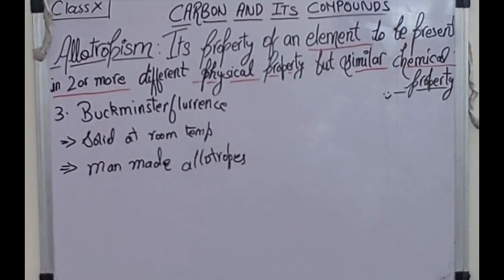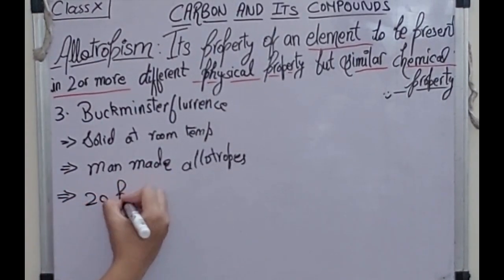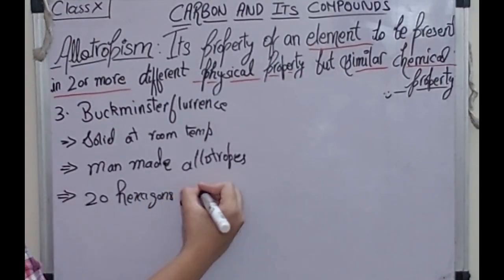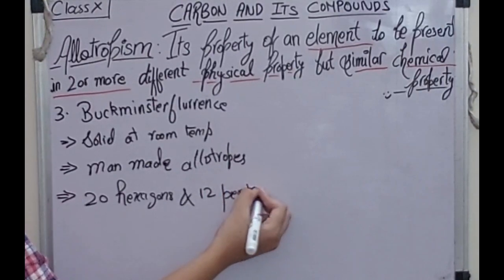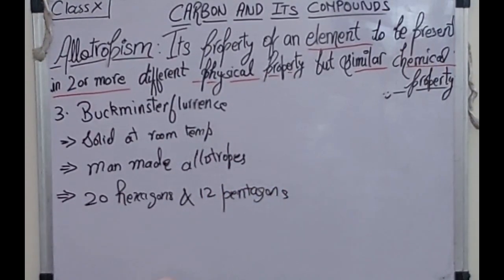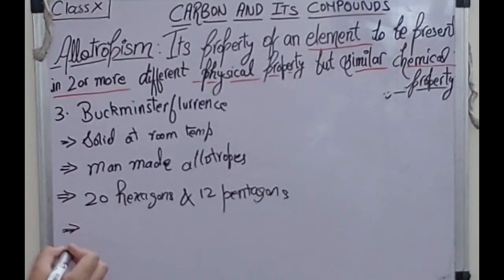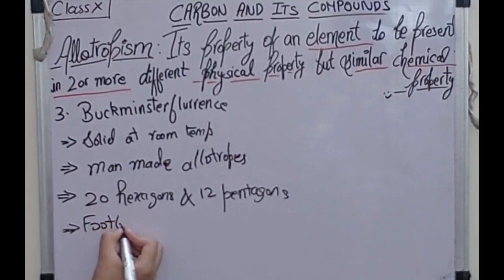It is made up of 20 hexagons and 12 pentagons, and it has a football structure.